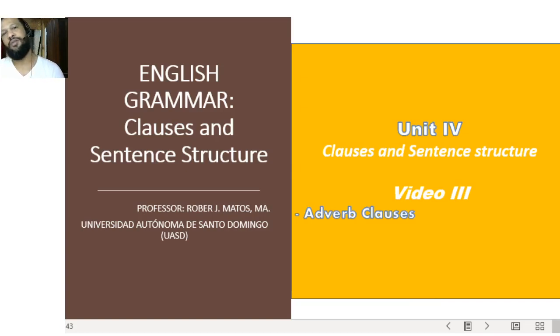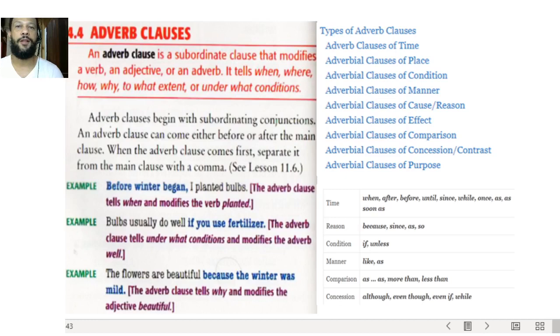Okay, now let's move on to other types of clauses. Now we're going to be working with adverb clauses. Same as adverbs affect verbs, adverb clauses affect verbs also. An adverb clause is a subordinate clause that modifies a verb, an adjective, or an adverb. It tells when, where, how, why, to what extent, or under what conditions the actions are being or are taking place.